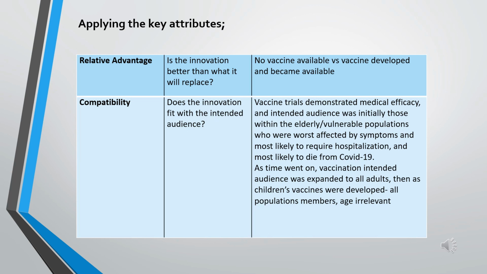Vaccine trials demonstrated medical efficacy, and the intended audience initially was those within the elderly or vulnerable populations, people who were worst affected, most likely to require hospitalization and most likely to die. As time went on, the intended audience was expanded to all adults and also to children.